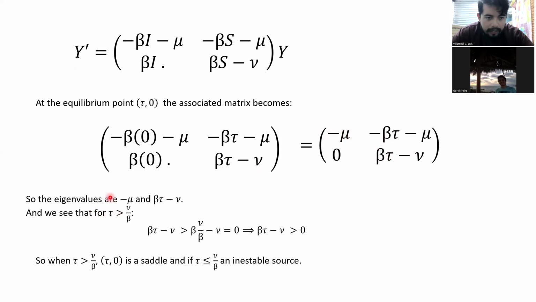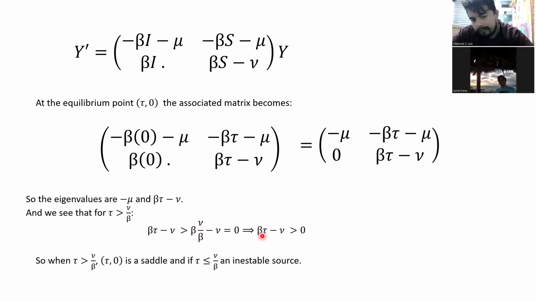And for tau greater than b over beta, we have that beta tau minus b is greater than beta times b over beta minus b. Only taking this inequality, multiplying by beta and subtracting b, and solving this, the beta is going to cancel and we obtain b minus b, that is 0.